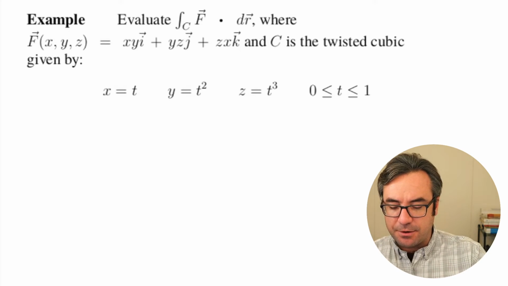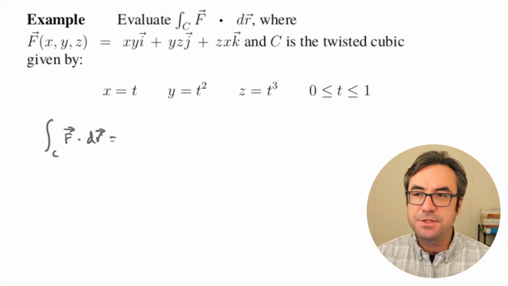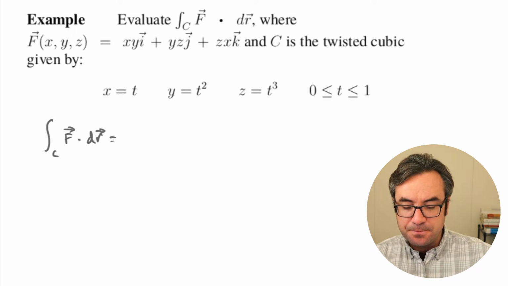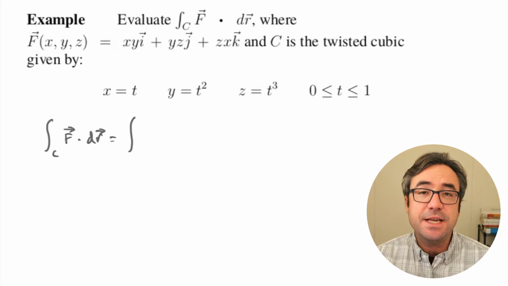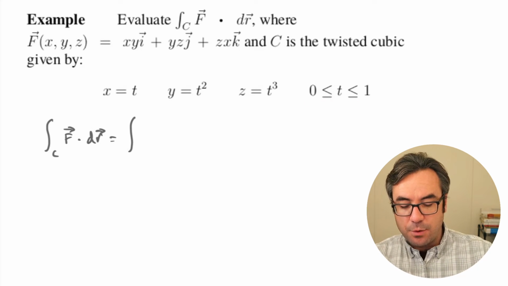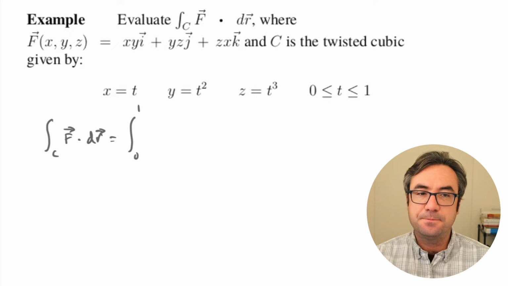All right, so let's calculate this line integral. So this is what we want to calculate. How we're actually going to calculate this is we're going to write this as a definite integral. So first of all, our parameterization runs from 0 to 1.